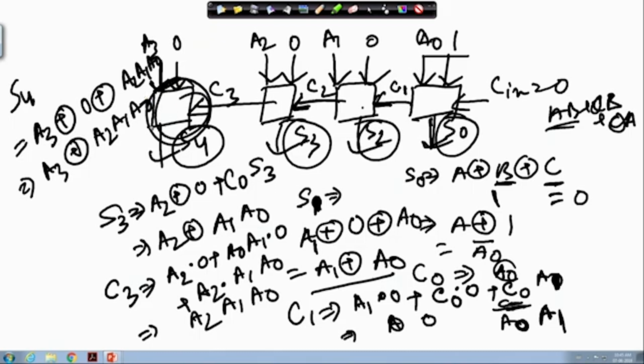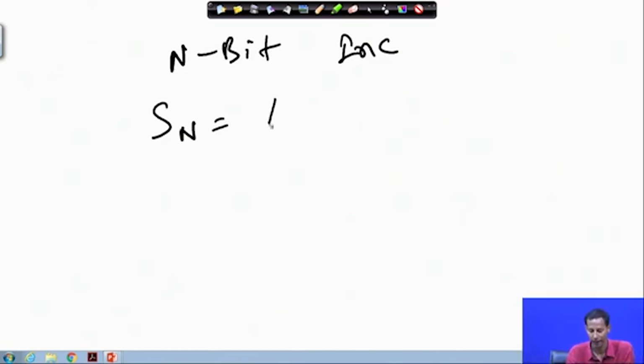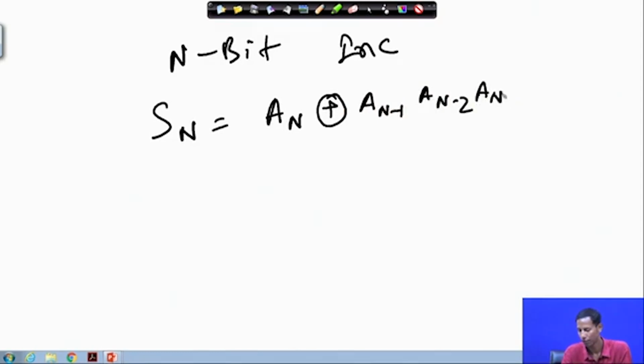So, instead of 4 bit, for n bit, what will be the expression for sum? For an n bit incrementer, the sum expression will be A n XOR with A n minus 1, A n minus 2, A n minus 3, up to A 0.